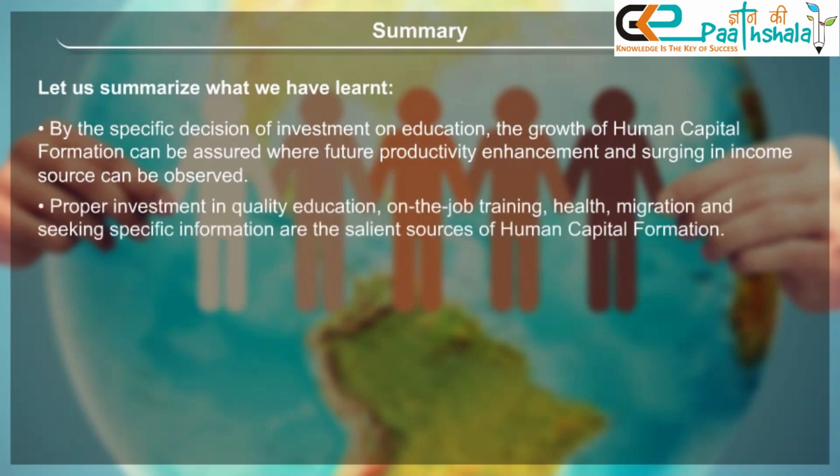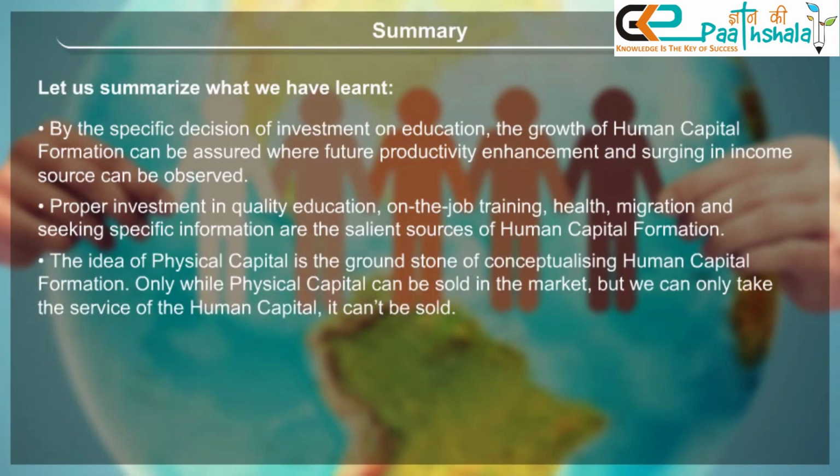Proper investment in quality education, on-the-job training, health, migration, and seeking specific information are the salient sources of human capital formation. The idea of physical capital is the groundstone of conceptualizing human capital formation. While physical capital can be sold in the market, we can only take the service of human capital; it can't be sold.